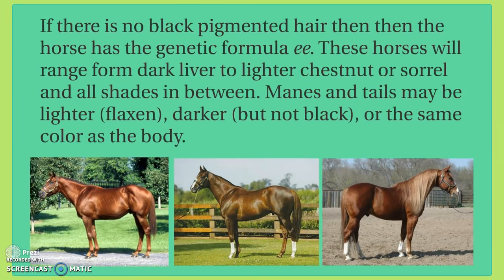If there is no black pigmented hair, then the horse has the genetic formula little e, little e. These horses will range from dark liver to lighter chestnut or sorrel, and all shades in between. Manes and tails may be lighter, flaxen, darker but not black, or the same color as the body.